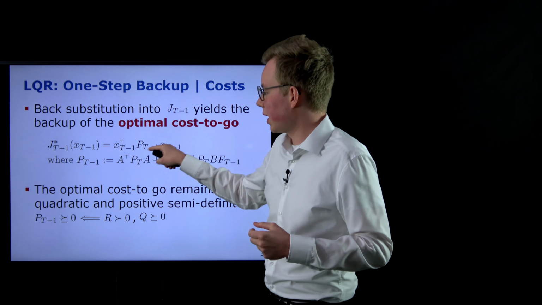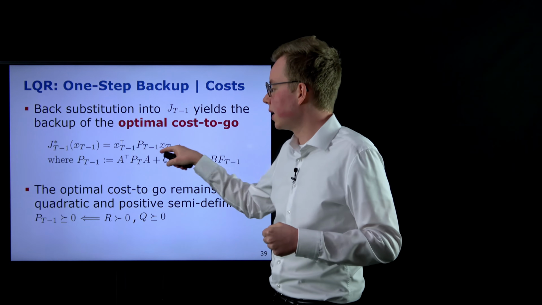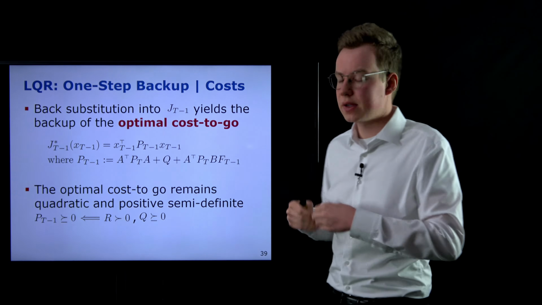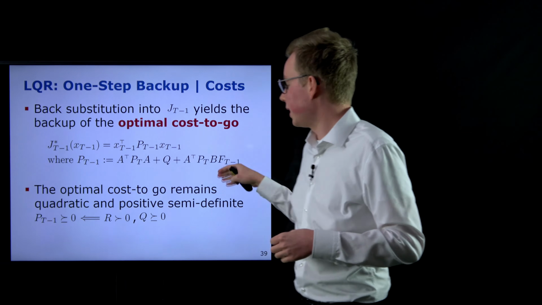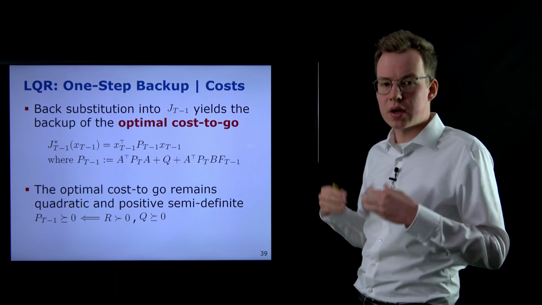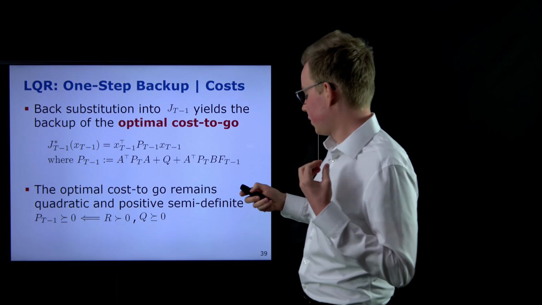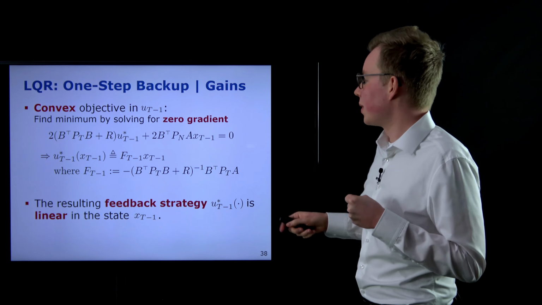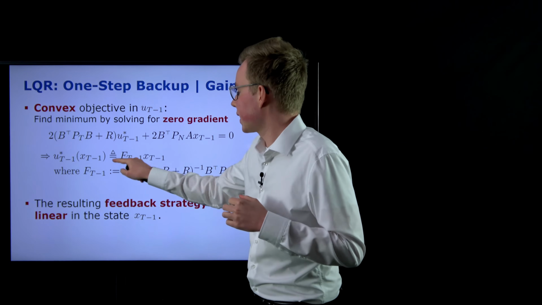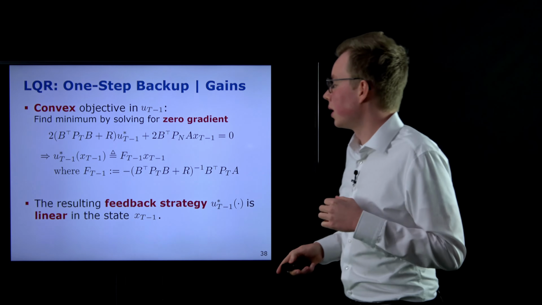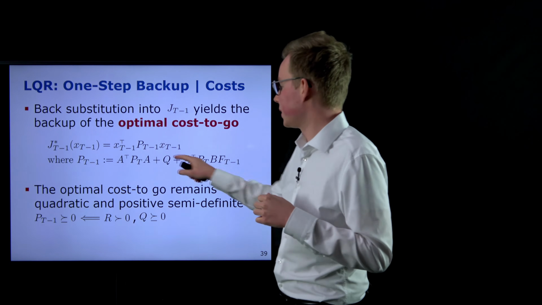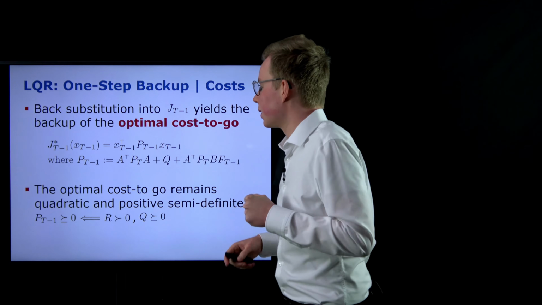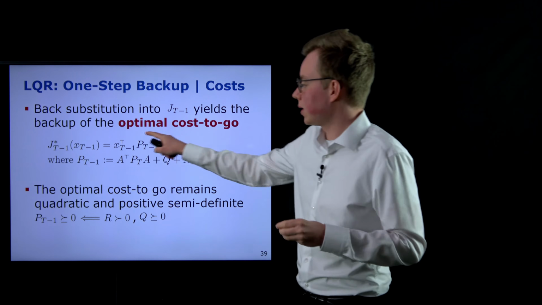Now, we again have x transpose Px, but now this P at the previous time step is updated because we plug in this expression here for u in our cost function. And so again, we get this updated optimal cost to go.